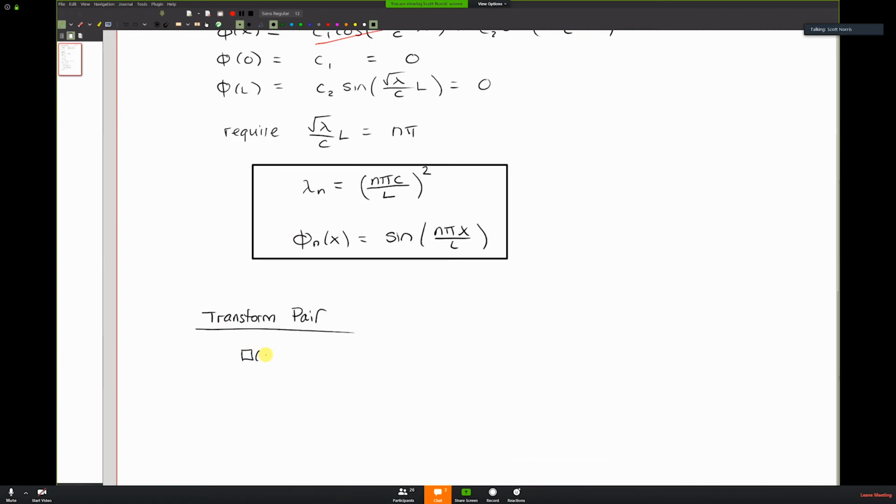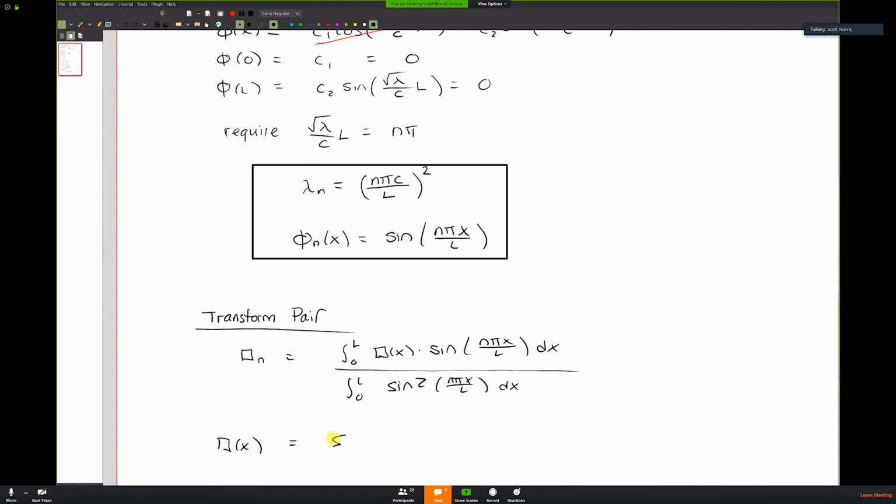The transform of any function of x is going to be the integral from 0 to L of that function of x times sine n pi x over L dx, divided by the integral from 0 to L of sine squared n pi x over L. And then to recover the original function, we will sum up n from 1 to infinity those coefficients times the associated eigenfunctions, just like usual. All right, so this is our transform pair. It's always worth writing down.